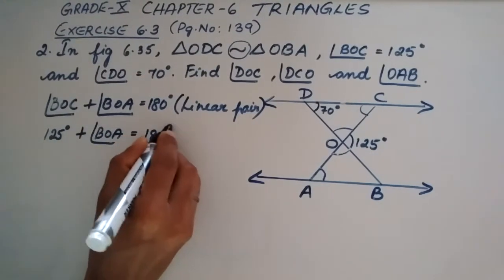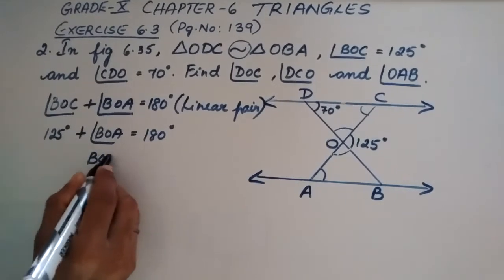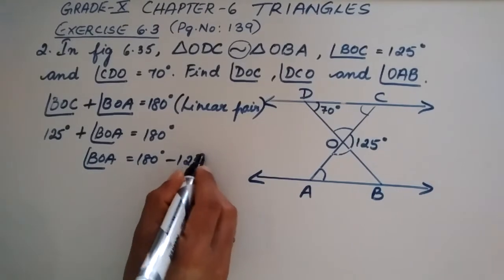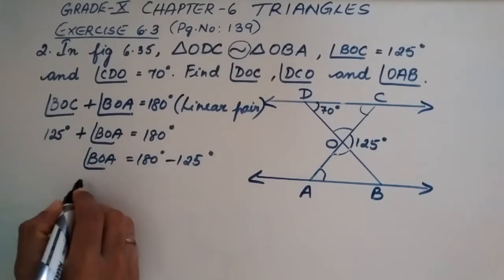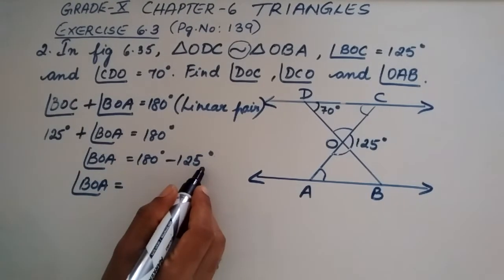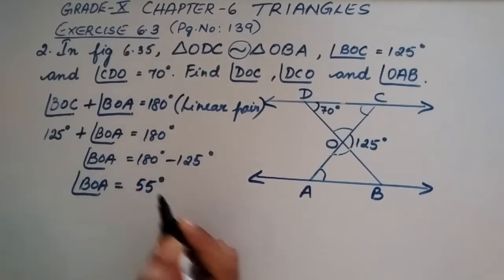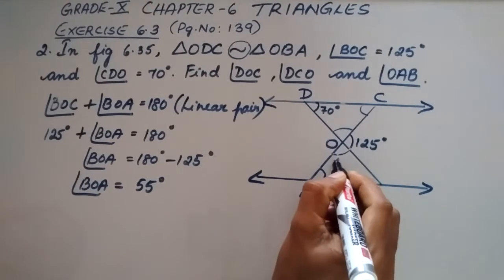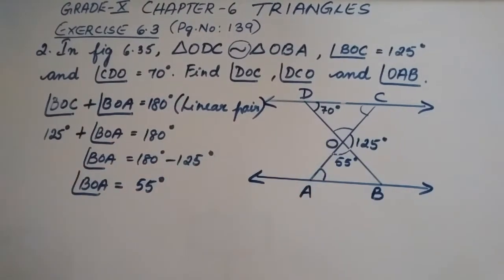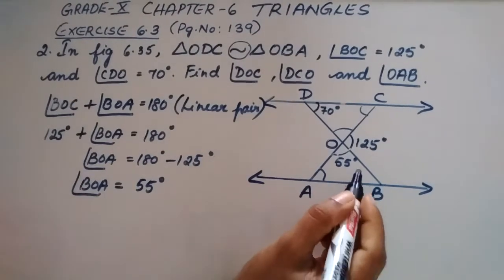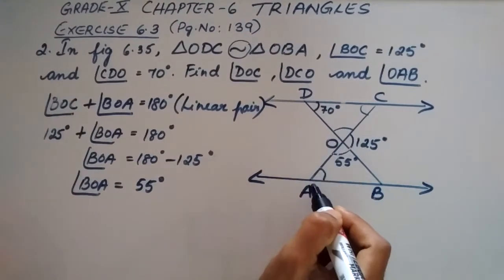So angle BOA is equal to 180 degree minus 125 degree, which is 55 degree. So now angle BOA is 55 degree. Is this clear, students? So we found the angle BOA.